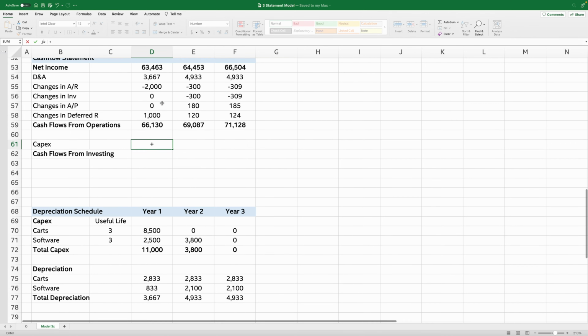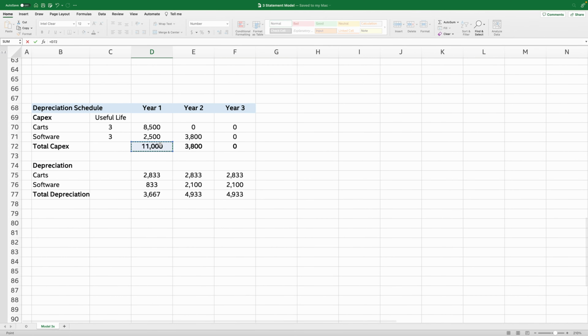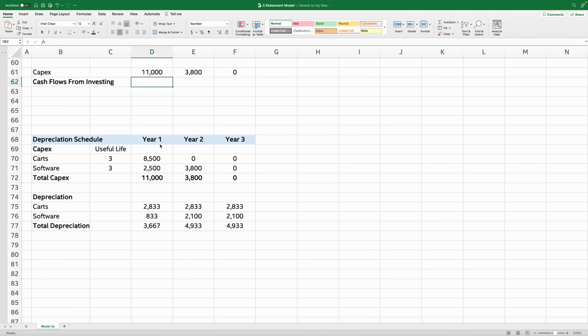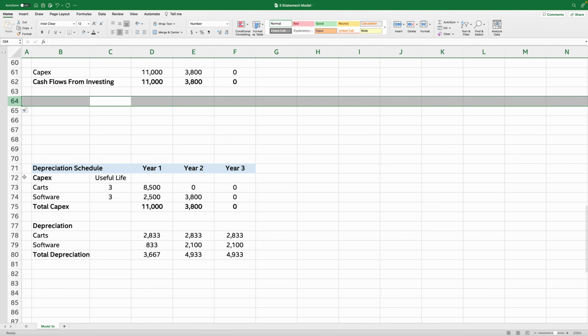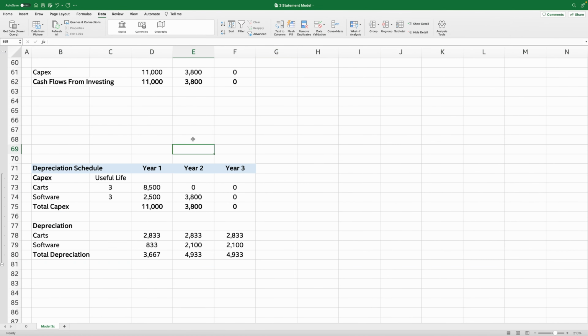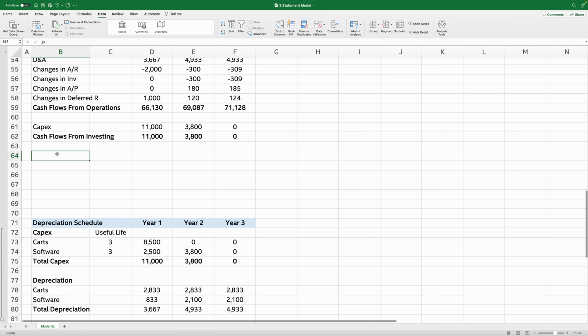But CapEx is what we did down here. So we know how much we had. And then cash flows from investing, we only had that. So we just sum that here. And let's group this before I forget. After cash flows from investing, you have cash flows from financing.